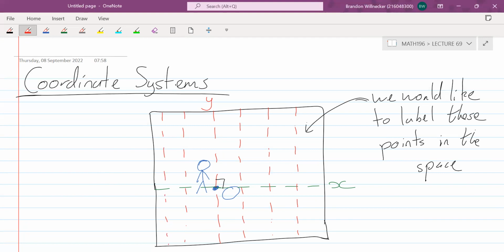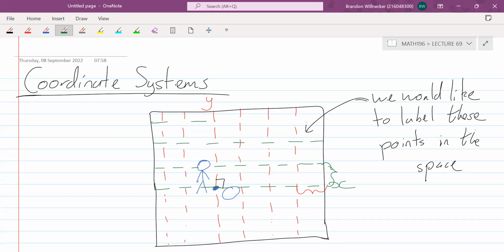Those are supposed to be equidistant. And then going vertically, we draw ourselves horizontal lines, again, equidistant. Now, the vertical distance and the horizontal distance don't need to be the same. There's no rule saying that they have to be the same, but if they are the same, then you know that we're dealing with Cartesian coordinates. So in this case, let's just say that they are the same.